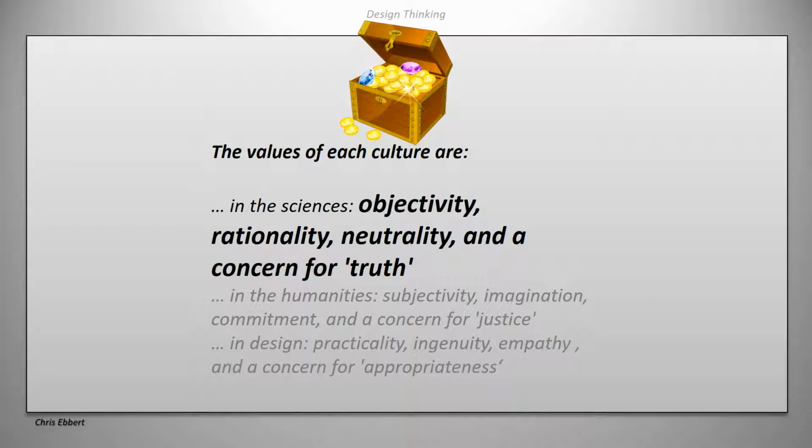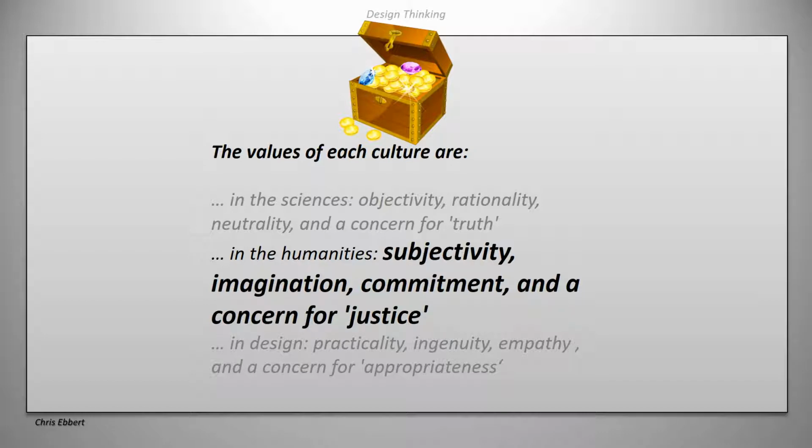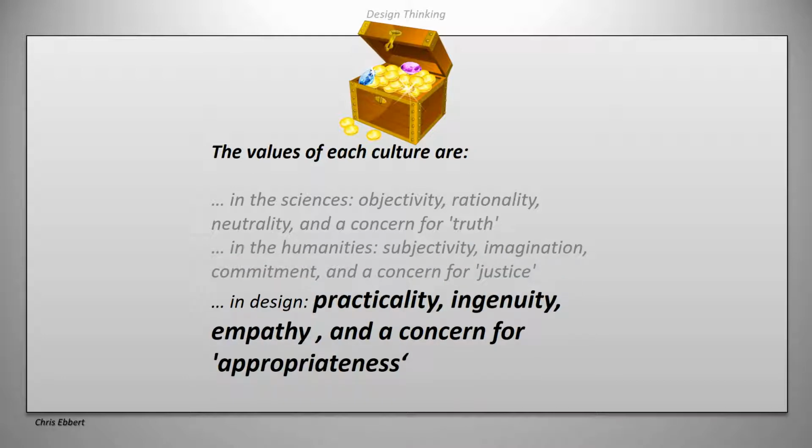As for the values, scientists value objectivity, rationality, neutrality, and a concern for truth. The humanity people value subjectivity, imagination, commitment, and a concern for justice. And design are all about practicality, ingenuity, empathy, and a concern for appropriateness.